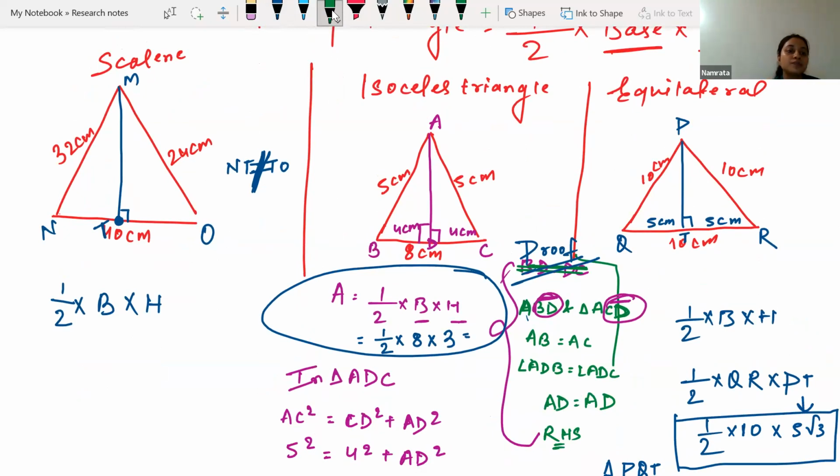You just check whether these two triangles are congruent or not. I'm talking about this triangle and this triangle. Is it possible to prove both of them congruent? We are not sure.